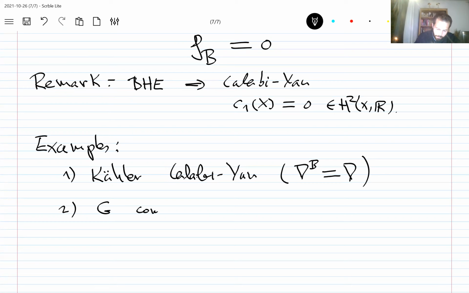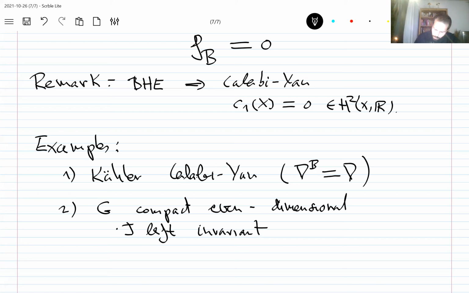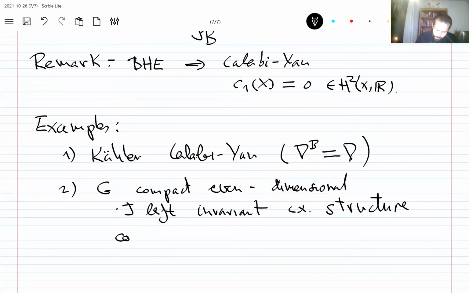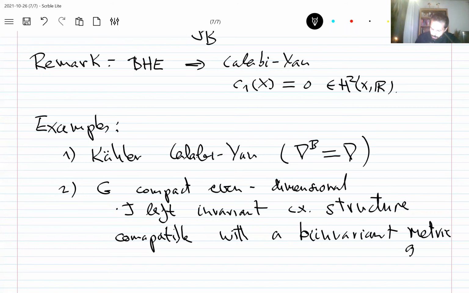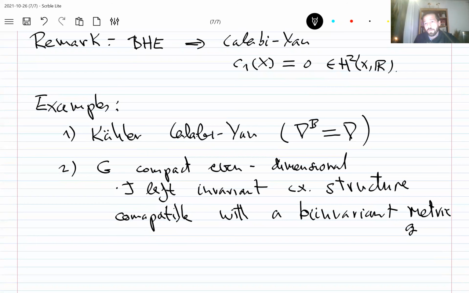So if G is compact even-dimensional, and we take J a left-invariant complex structure, which is compatible with an invariant metric g, then this structure gives you Bismut flat, and therefore Bismut-Ricci form equals 0.